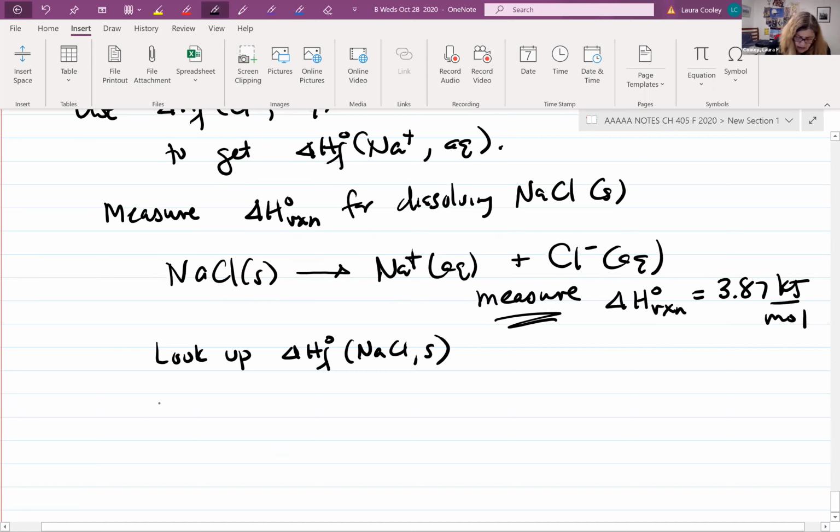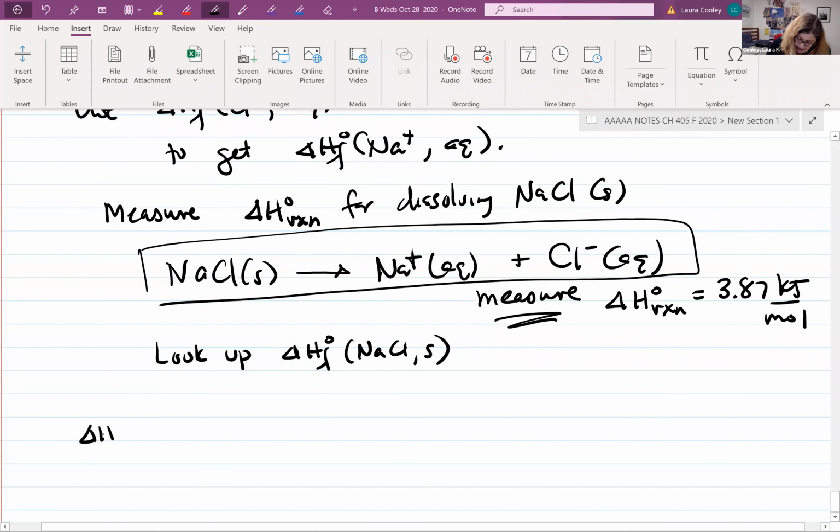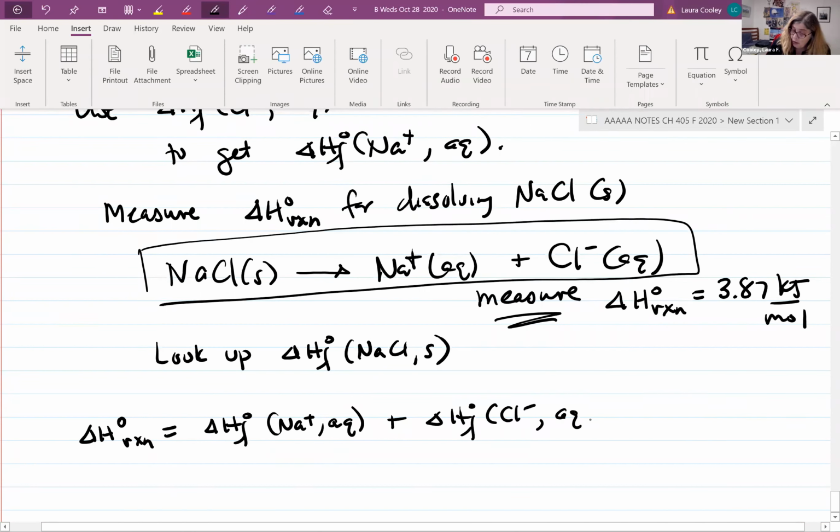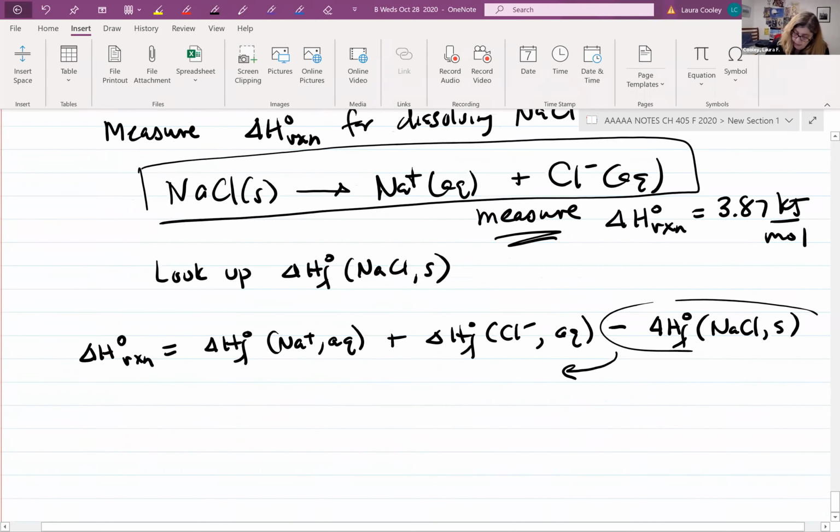So then you take this reaction and you'd say, okay, delta H0 reaction equals delta HF0 sodium plus delta HF0 chloride, which we know, right? Because we have that negative 167 number, minus the heat of formation of solid sodium chloride. So I'd move this to the other side of the equation like I did before.